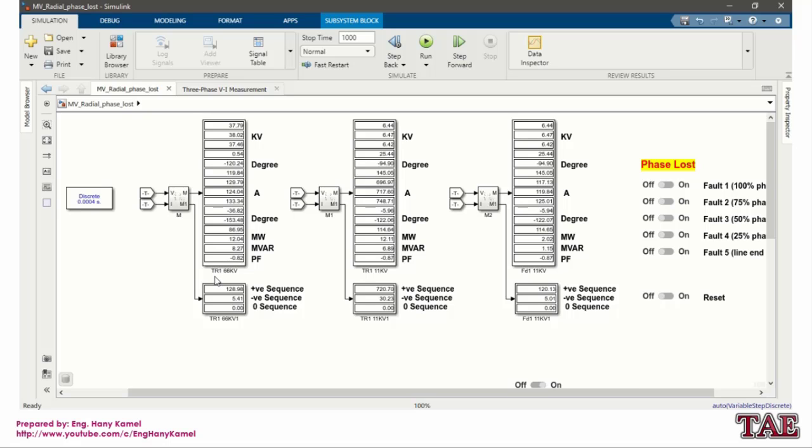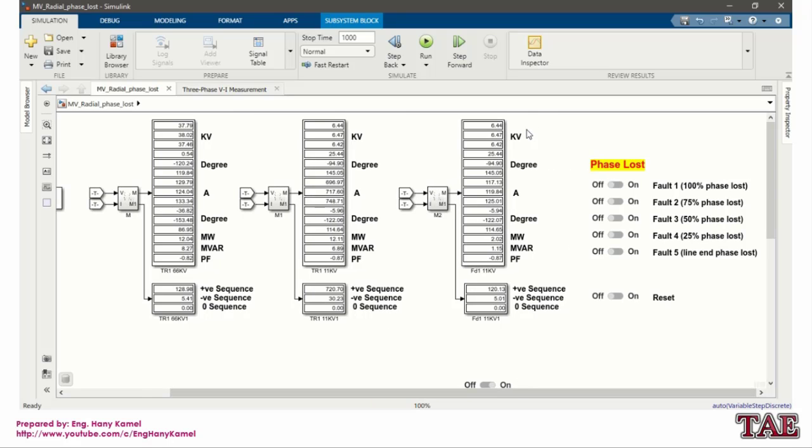Our measurements here: transformer 66 kV side, voltage magnitude and angle, current magnitude and angle, megawatt, megavar and power factor. For current, we'll analyze positive, negative and zero sequence values. Then transformer number 1 11 kV side, we'll do the same.